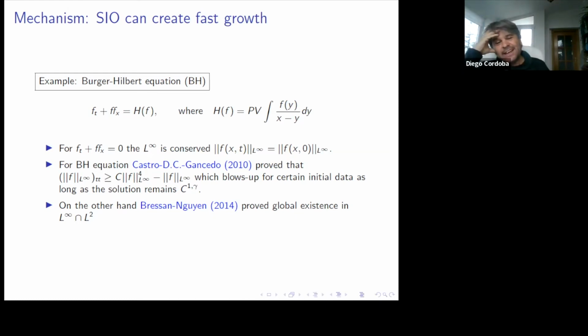What's happening is that once it reaches the bound that Bersan and Nguyen calculated, your solution is not C^{1,γ} anymore. So there's a blow up in C^{1,γ}. I thought this was very neat, but it gives you an idea to be careful with the nonlinear terms.